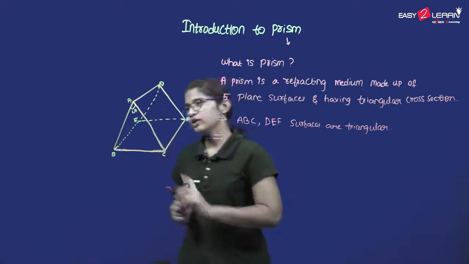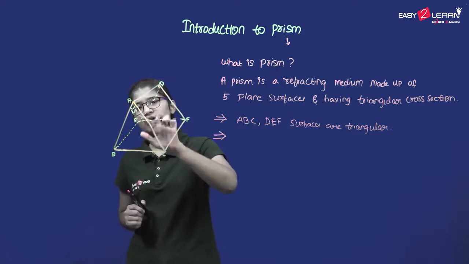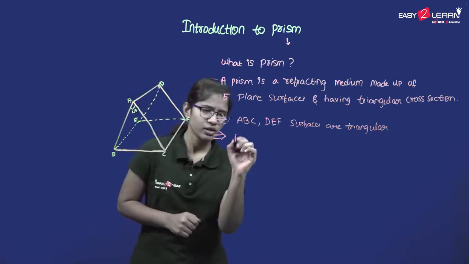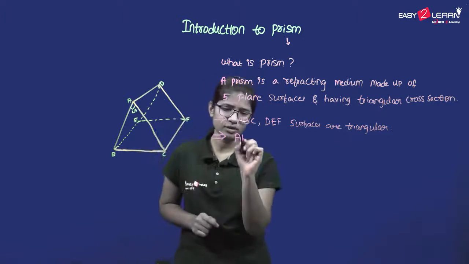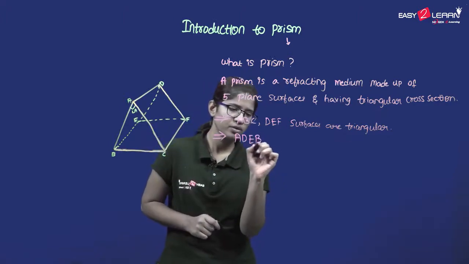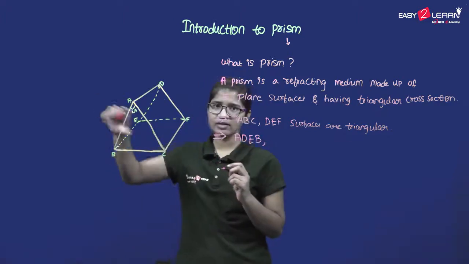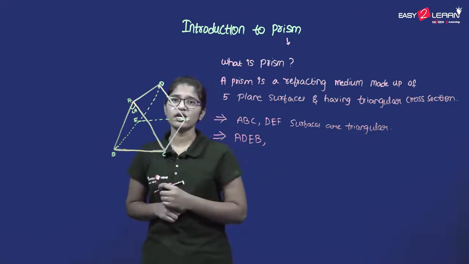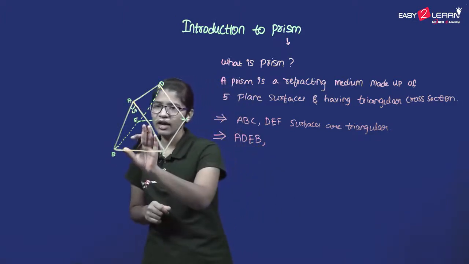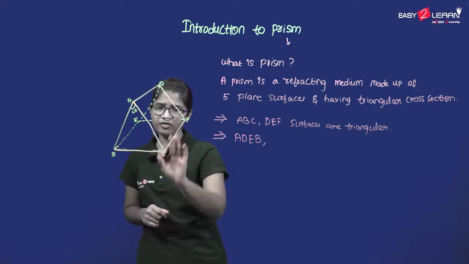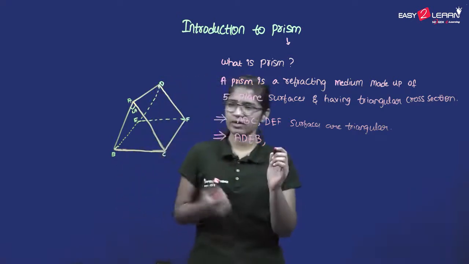Let's find out. Here we are able to see ADEB. ADEB is a rectangular surface. It is also called a refracting surface. And BEFC is another rectangular surface.